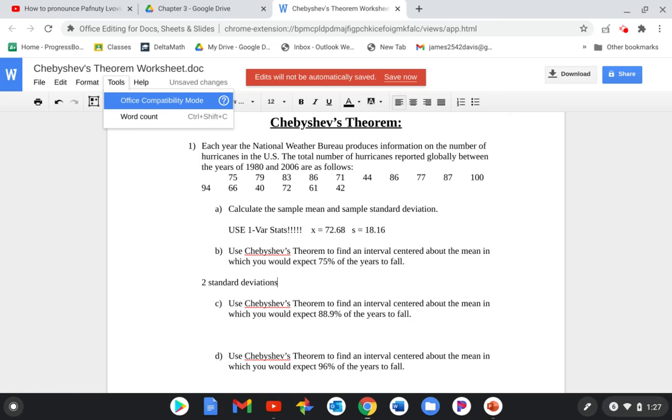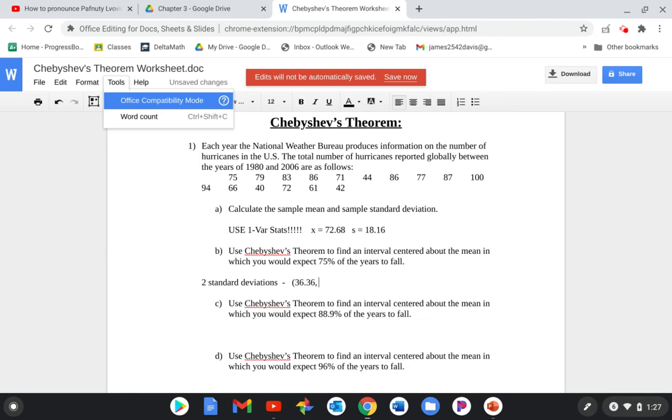It won't let me write on here, so I'm just going to type it out. So 2 standard deviations, you don't have to necessarily write that. So I'm going to take 72.68, and I'm going to subtract 2 times 18.16. That gives me 36.36.